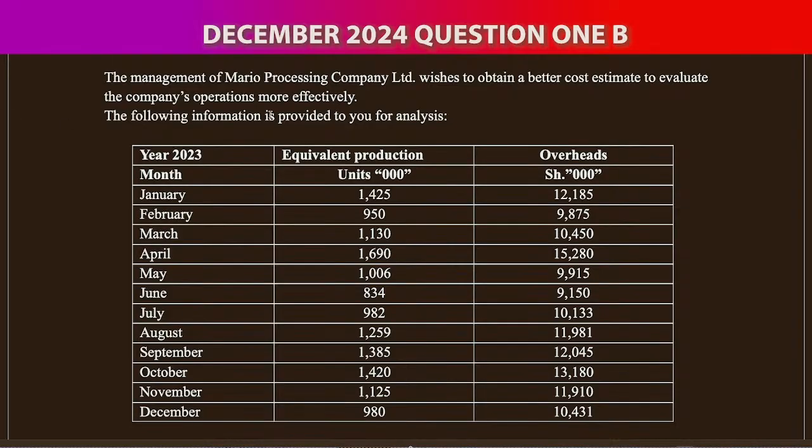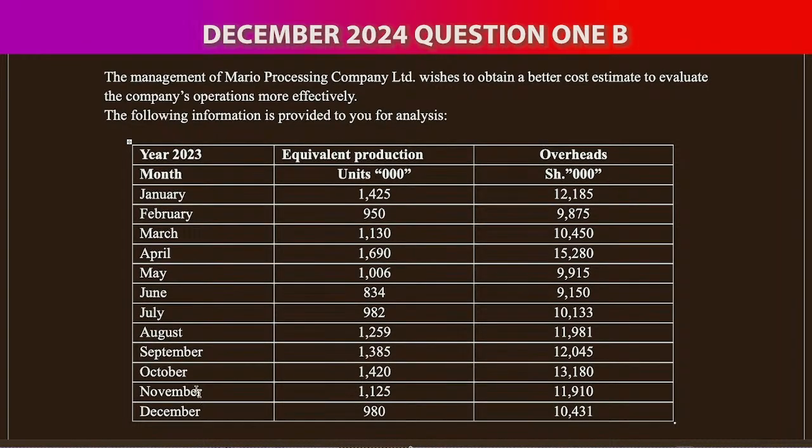The following information is provided to you for analysis: the year and month, the equivalent production units in thousands, and your overhead in shillings in thousands, from January all the way to December.